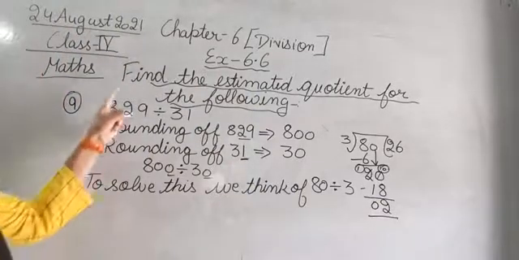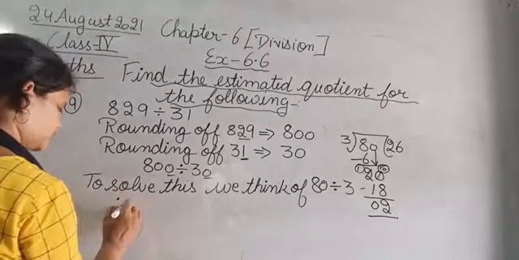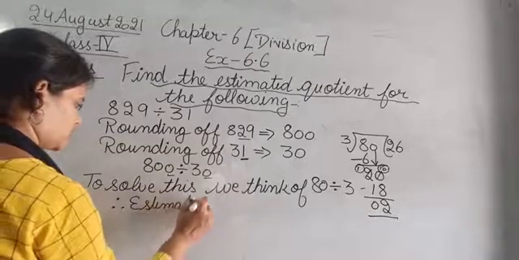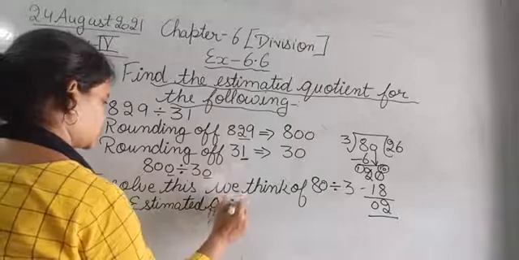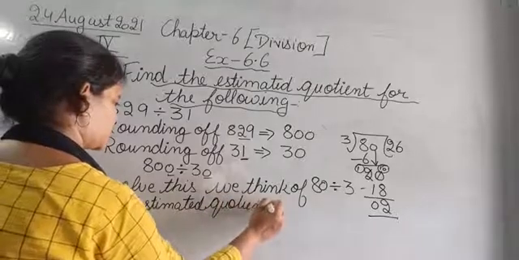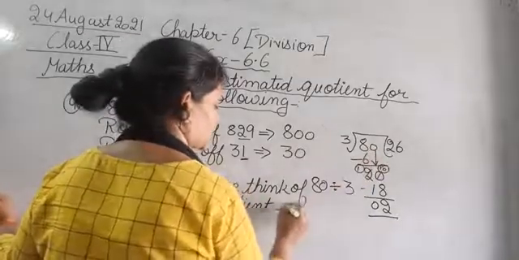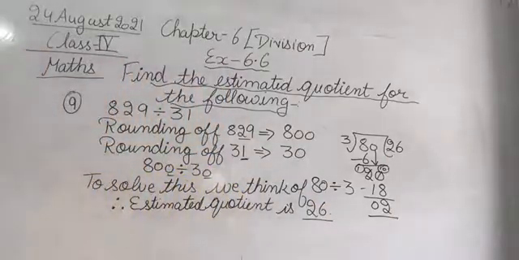Okay, but we have to find the estimated quotient only. So we are going to mention the quotient only. Okay, we will not mention the remainder. Therefore estimated quotient is 26.